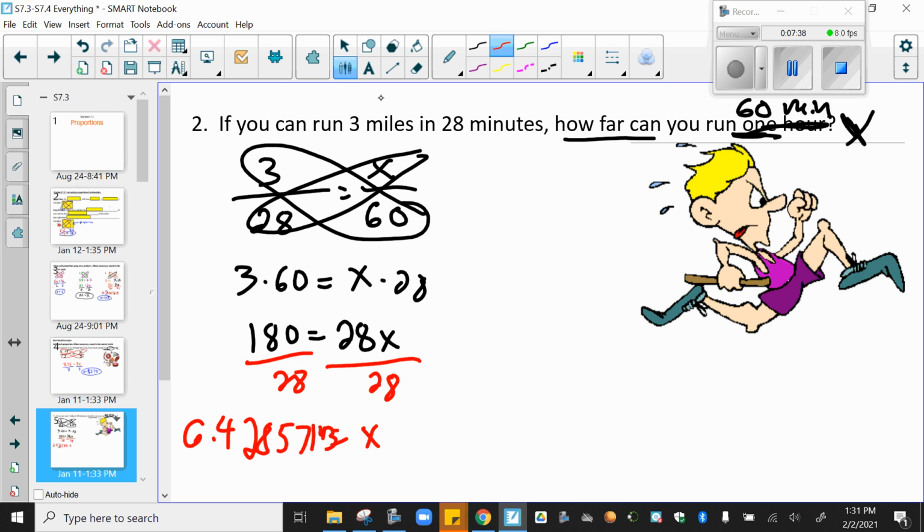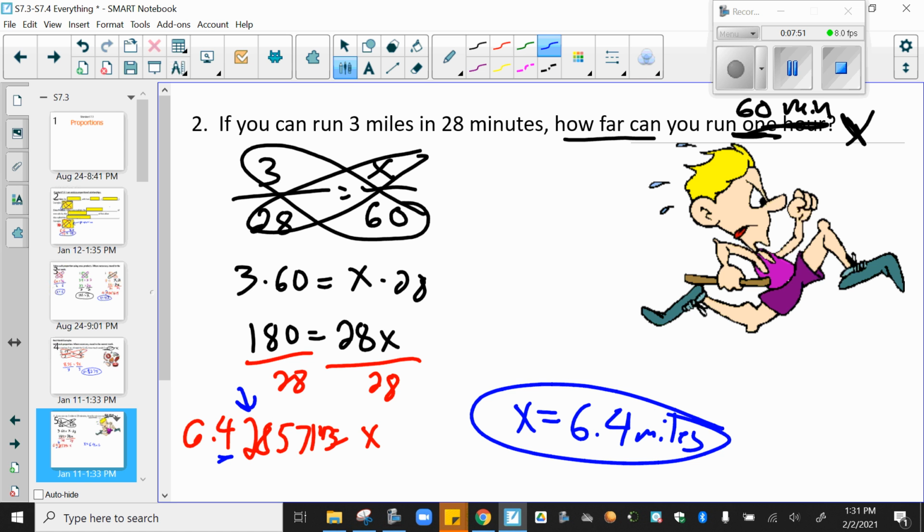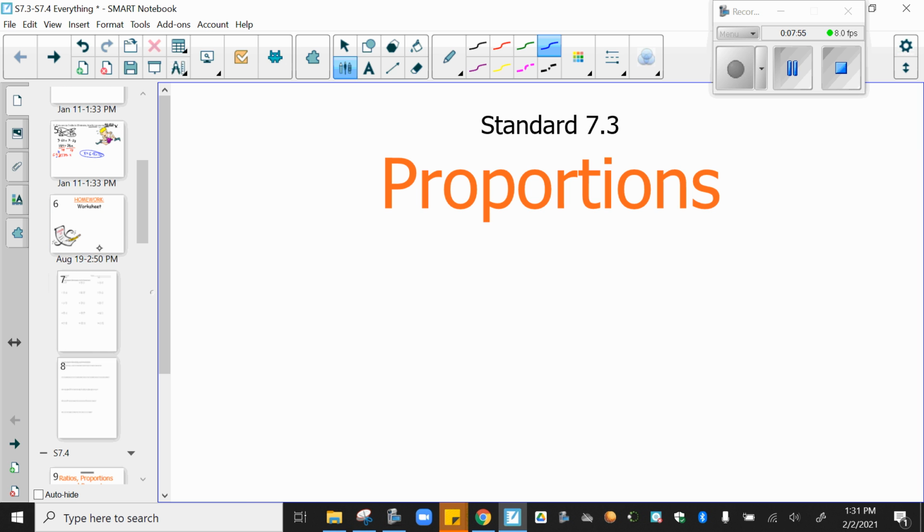I want to round to the nearest tenth, so this one tells me to keep that the same. So I would run x equals 6.4 miles. All right. Got to keep kind of rolling around.